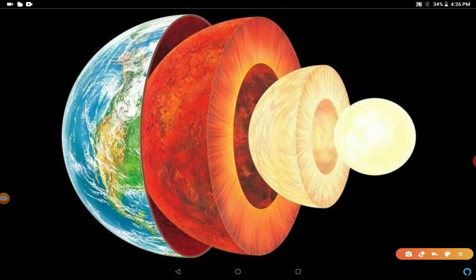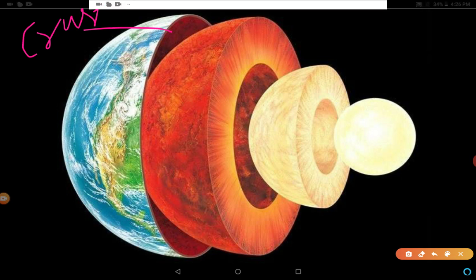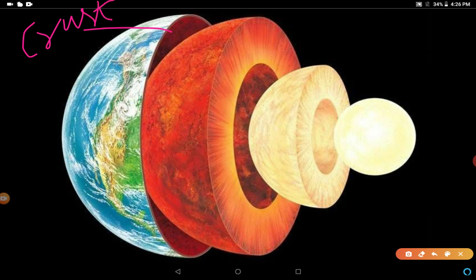The first layer is the crust. The uppermost layer of the earth is known as the crust, right? Crust. This one is the mantle. This is the second layer of the earth, the mantle.